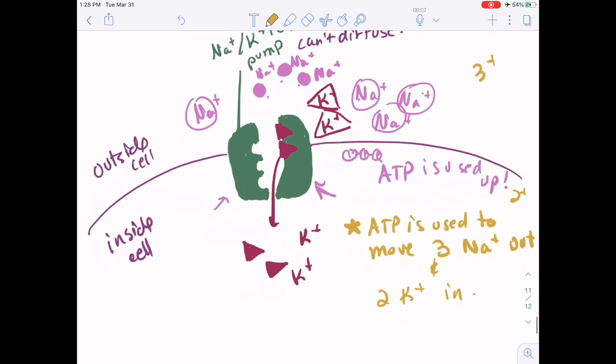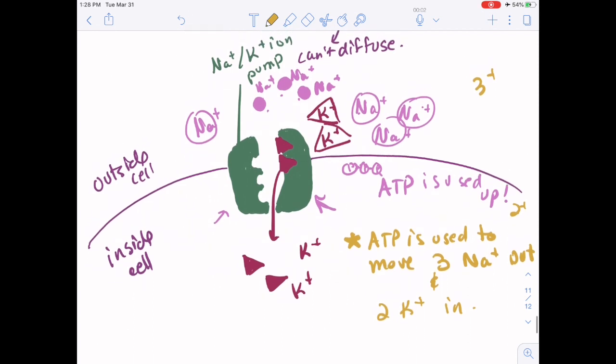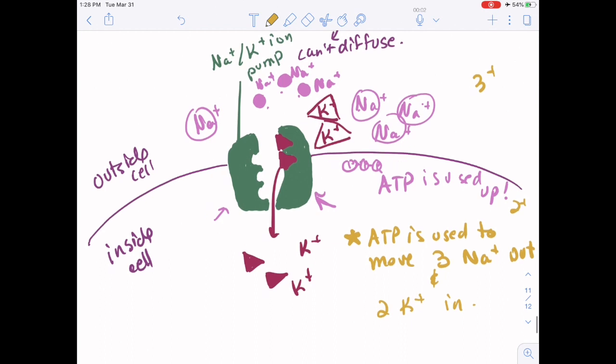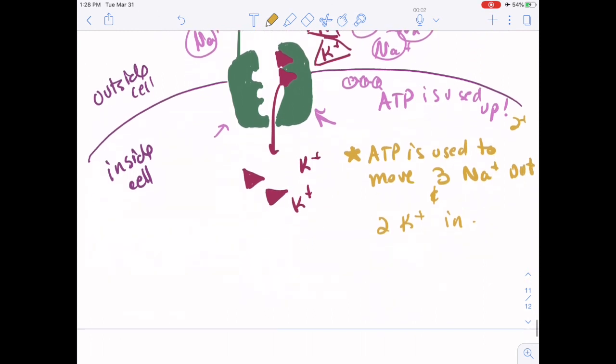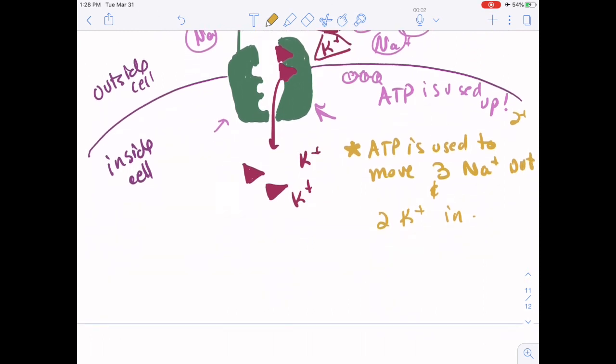The sodium potassium ion pump and the fact that it creates a charge potential, that it's actually less positive on the inside of the cell membrane than it is on the outside of the cell membrane, contributes to something that we call membrane potential. It's that uneven distribution of charges that forms across the cell membrane.